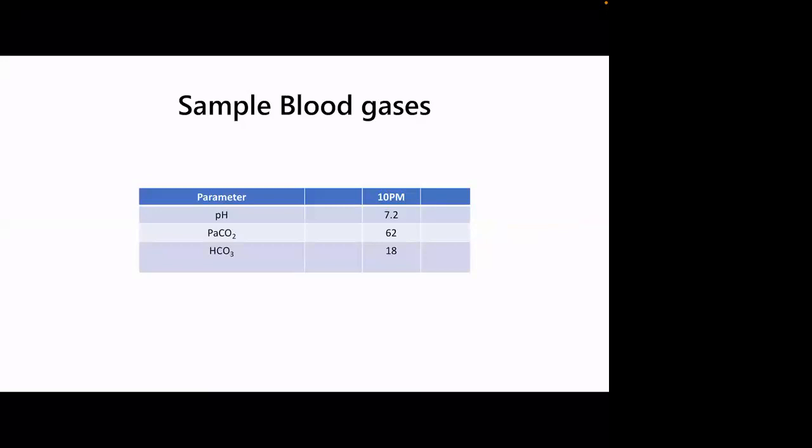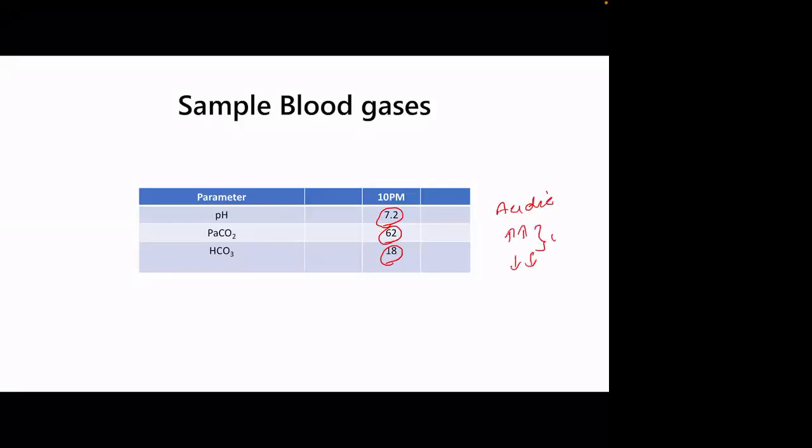Now we'll see another blood gas. Okay, here this is a patient who is on a ventilator and is having a blood gas at 10 p.m. The gas is showing a pH of 7.2, PaCO2 of 62, and a bicarbonate of 18. So it is acidic pH, PaCO2 is increased, and bicarbonate is decreased.